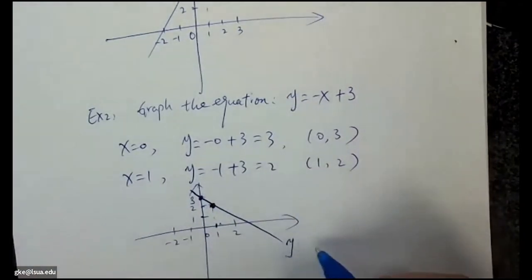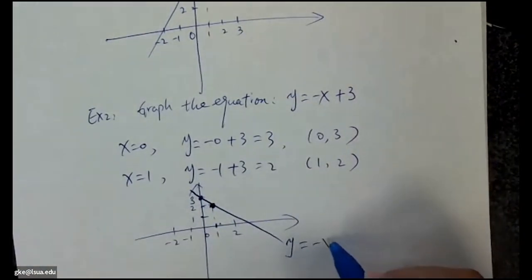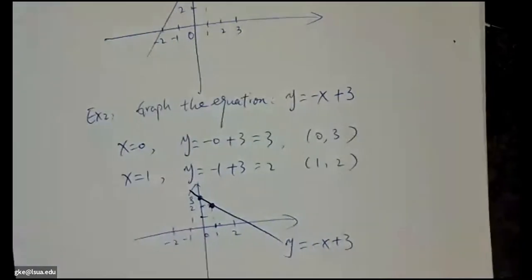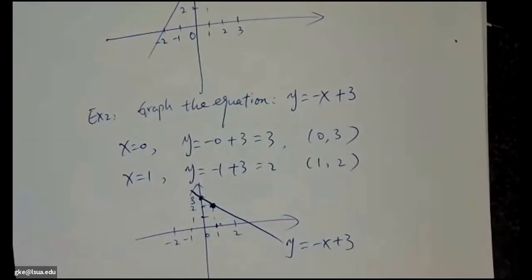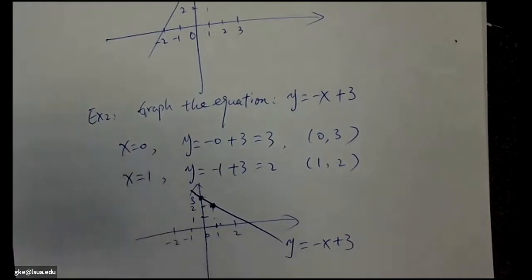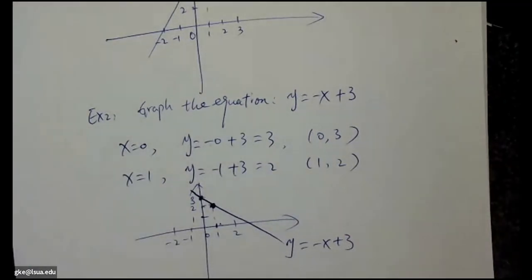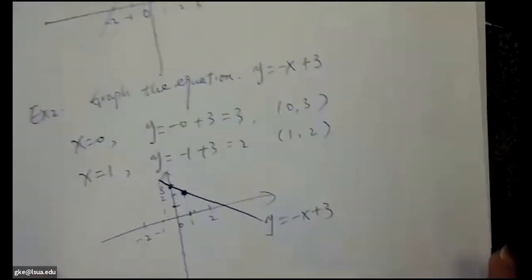And that is the line equation. Very straightforward, right? Take 2 points, draw the dots on the coordinates, and connect these 2 points. That's going to be the line equation, right? Now we're going to draw a more complicated graph.